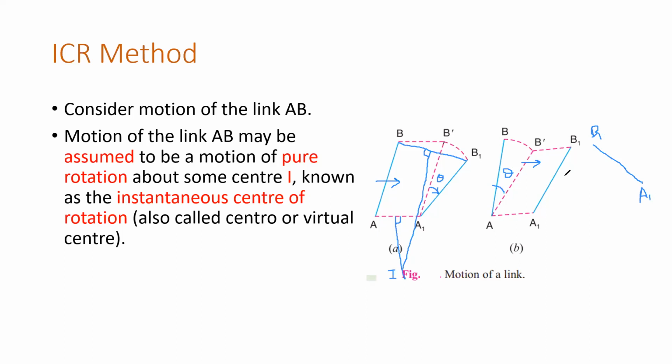When it traveled from A1 B1 to, say, B2 A2, it also rotated about some other point, which will be somewhere here on the upward side. This means the center of rotation has now changed, and it was there only for that instant. That's why this is called the instantaneous center of rotation, as it changes instant to instant.